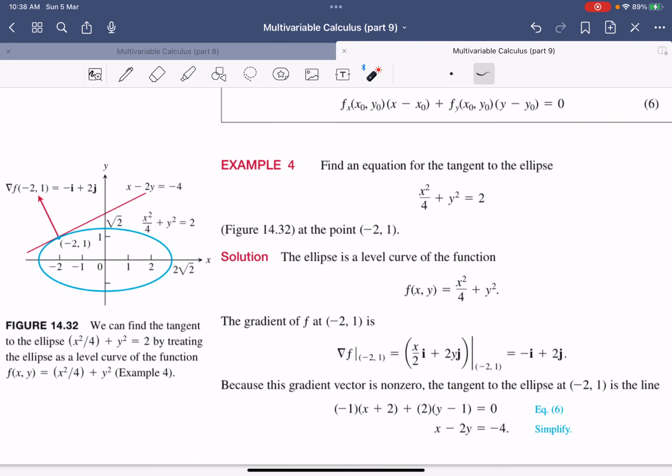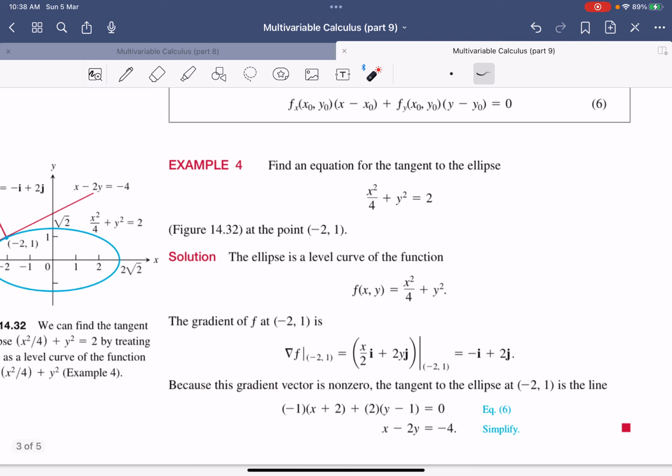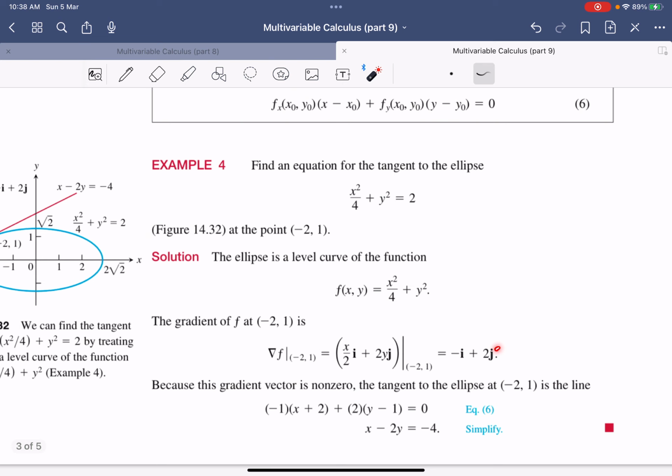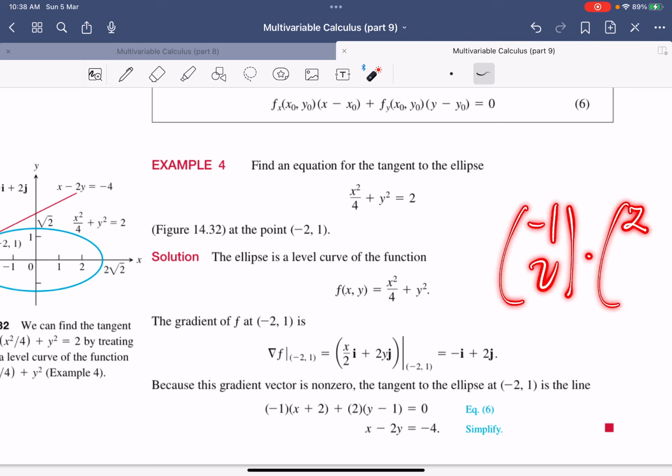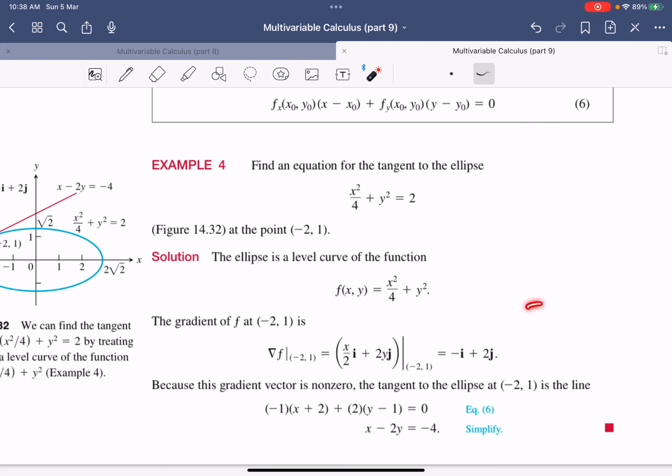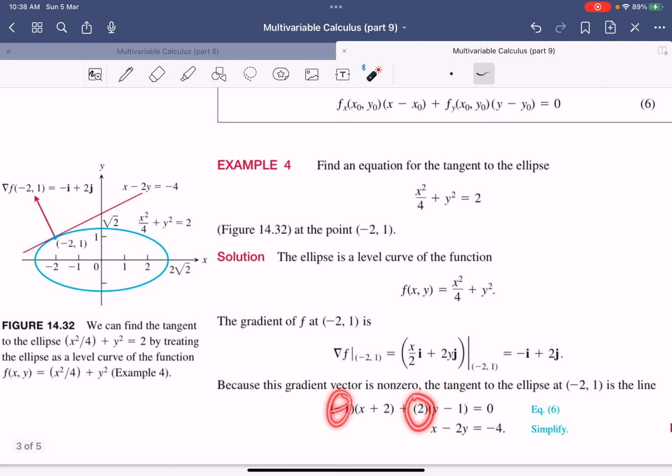And because this gradient vector is non-zero, the tangent vector will just be a vector that, dotted with this, equals 0. And really, you can just take the reverse of this, reverse it and change the sign accordingly. And you get that the tangent vector will be (-1, 2).